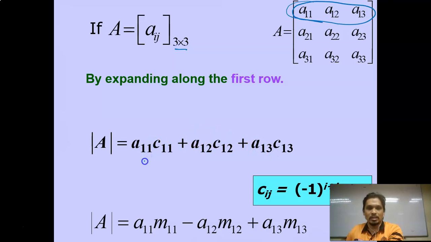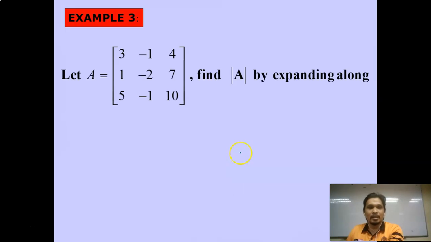This we call the matrix A. There is no value yet. We just show this expansion to find a determinant: A11 multiplied with the cofactor of 11, and also you see here. Example 3, these are the matrix A. Find the determinant of A by expanding along the second row and the first column.